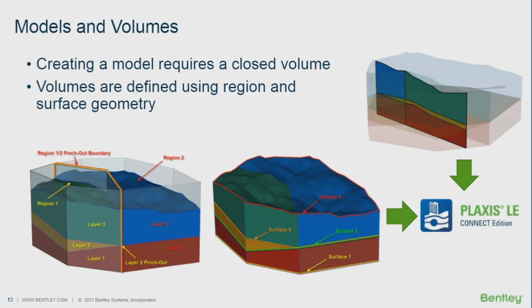But if we add a region in the model, the region can be used to limit the model itself, but also can be used to simulate different materials between 2 surfaces. So for region 1, I may have the red layer, but for region 2, I may have another type of material.